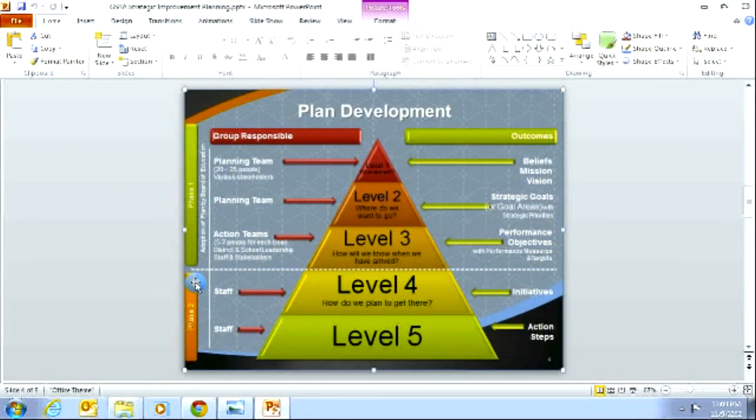It's very important in Phase 2, once the plan developed in Phase 1 has been adopted by the board, that the district do what it can to make sure that that plan is implemented in the district.